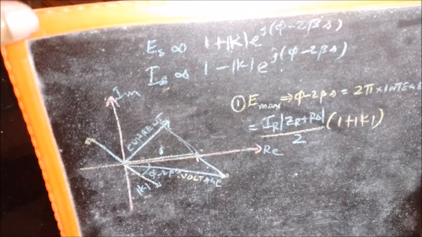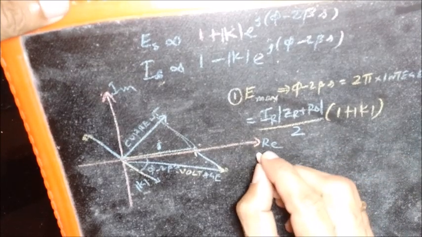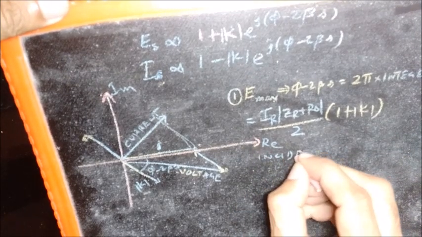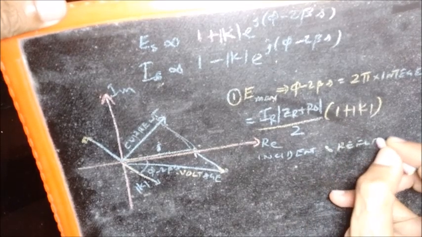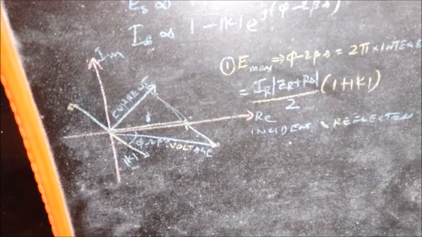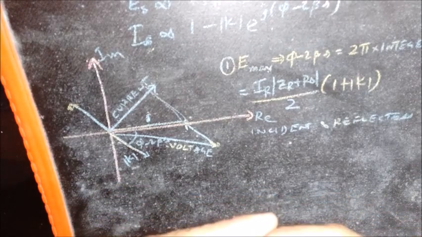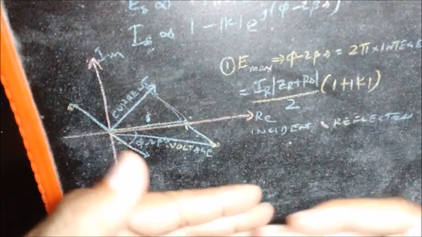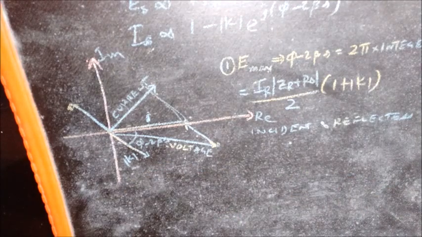And for that to happen, we can say that the incident wave and reflected voltage wave have to be in phase. So when the incident and the reflected waves are in phase, at those points where they are in phase, the voltage waveforms will add up constructively. That is how we get this Emax.